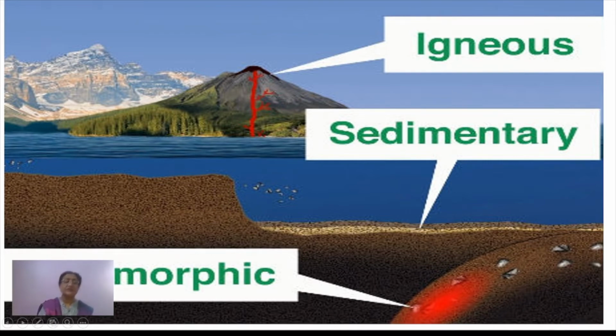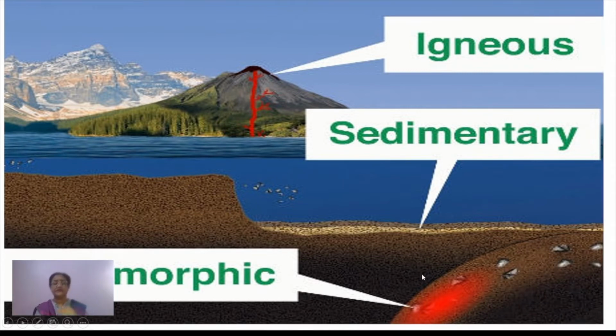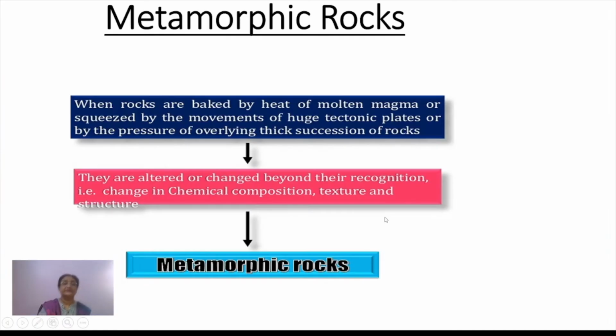And the third one, metamorphic rock, is generally seen embedded, or you can say under the surface of the earth, because it is always the result of extreme pressure and high temperature, which are again below the earth's surface. So it is mostly seen below the surface and rarely found on the earth's surface. So basically these are the regions where these three types of rocks can be seen.